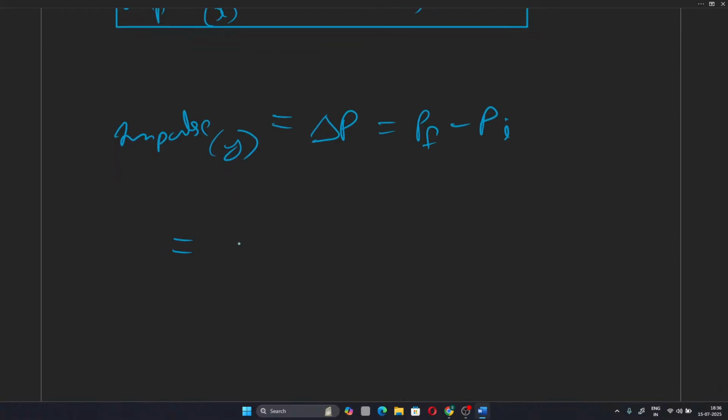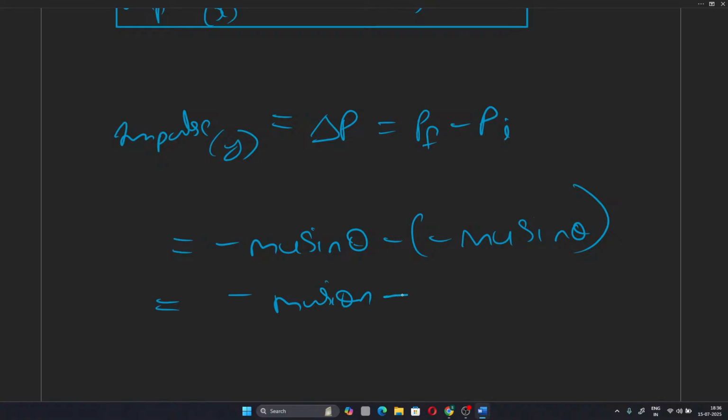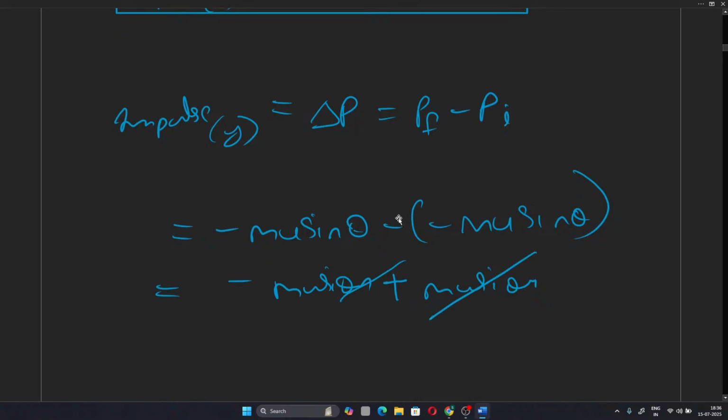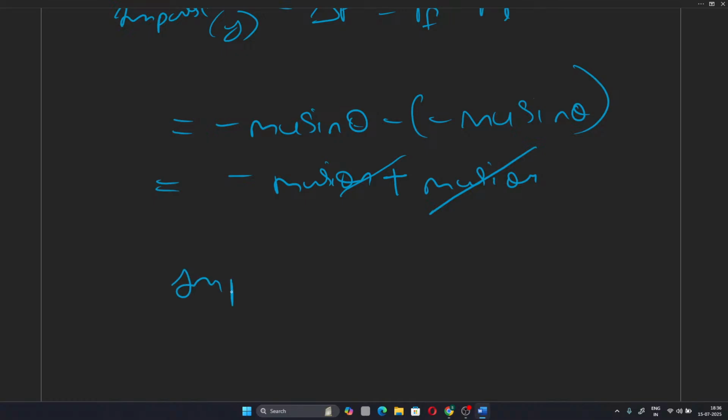Here it is minus m u sine theta, minus of minus m u sine theta, so minus m u sine theta plus m u sine theta. So impulse in the y direction equals 0.